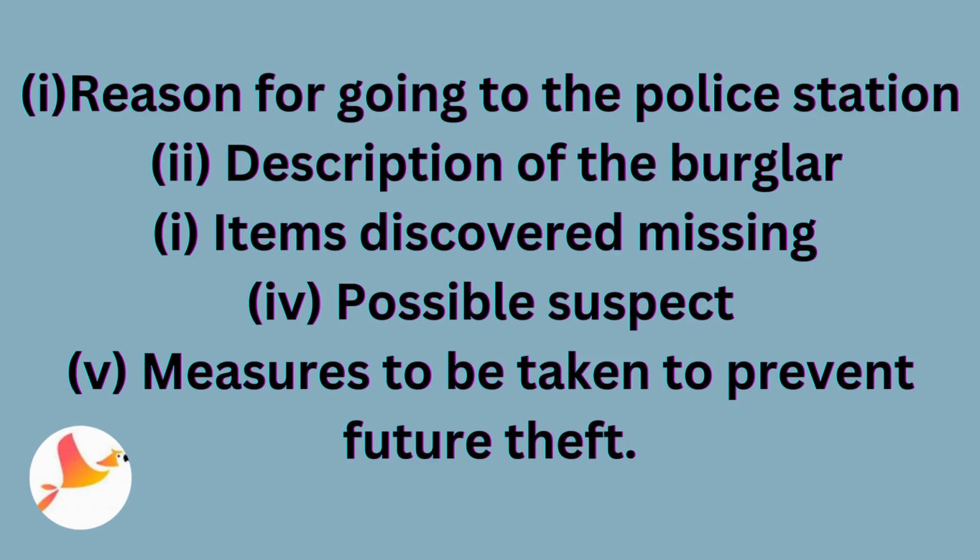First one is that you must have a reason for going to the police station written out. You must show the description of the burglar, the items discovered missing, give information about a possible suspect, and lastly, what measures would be taken to prevent future theft.